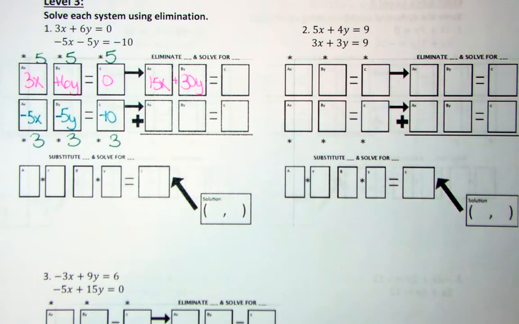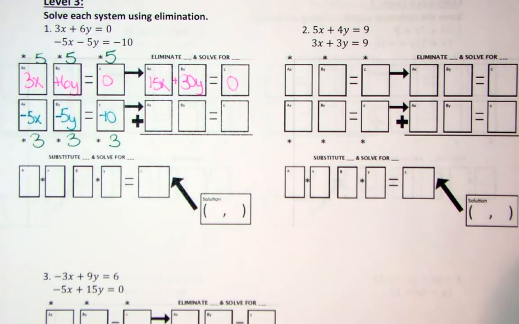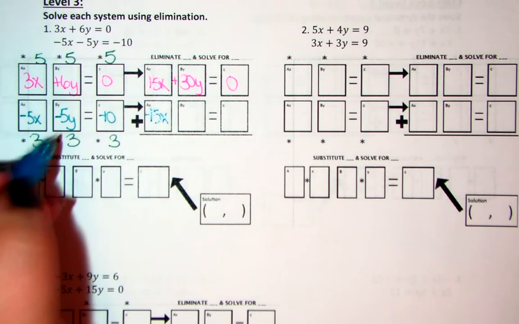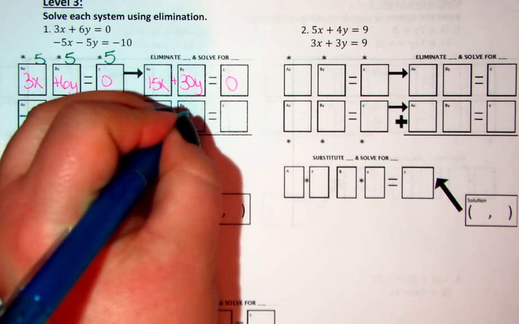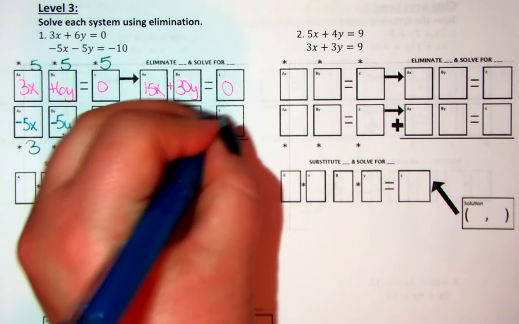And 0 times 5 gives me 0. On the bottom, negative 5x times 3 gives me negative 15x. Negative 5y times 3 gives me negative 15y. And negative 10 times 3 gives me negative 30.